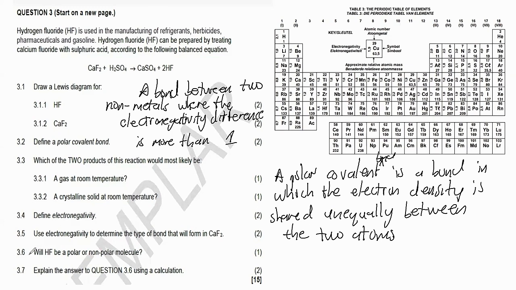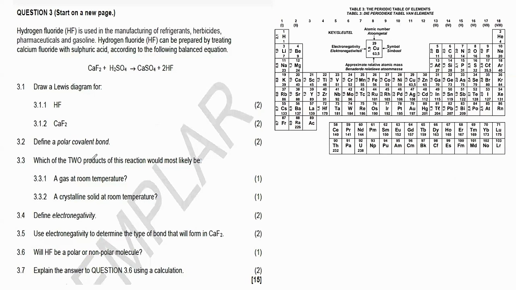Then let's proceed. We have 3.3 says which one of the 2 products of this reaction would most likely be a gas at room temperature. So which one would be a gas at room temperature? Then what will be a gas at room temperature is our HF. Remember, they say this is used to make the refrigerants, herbicide, pharmaceutical, and gasoline.